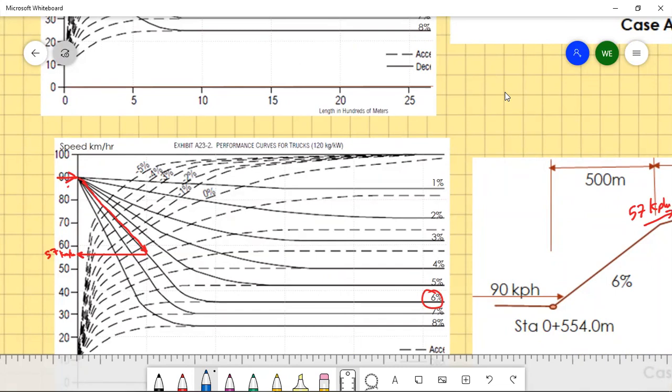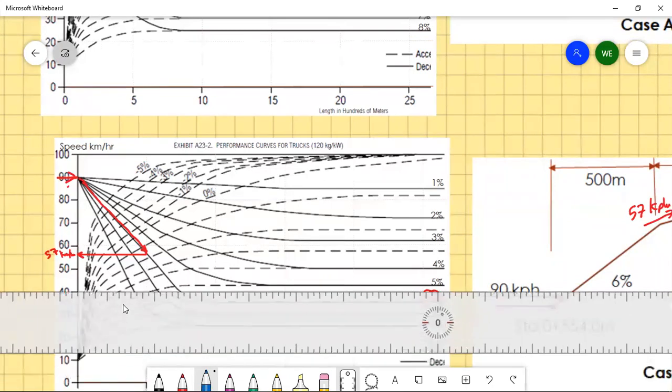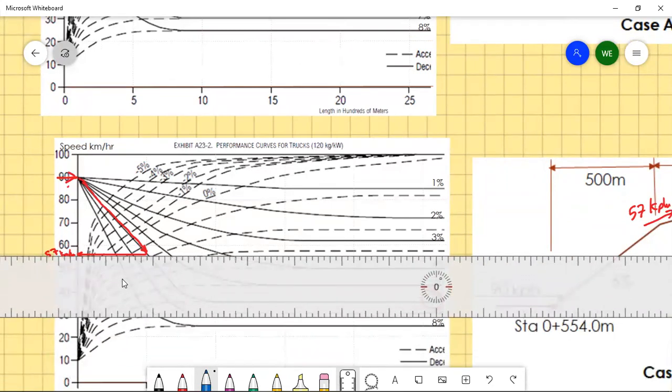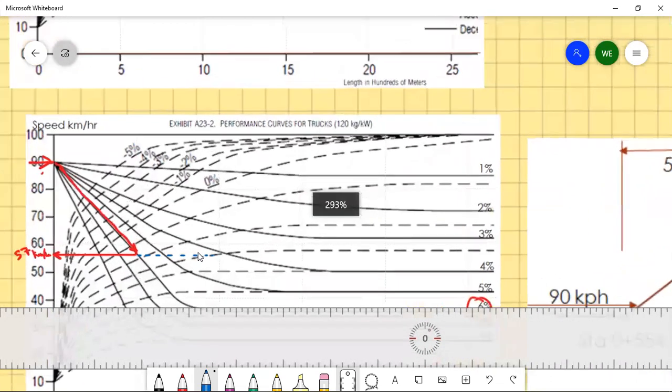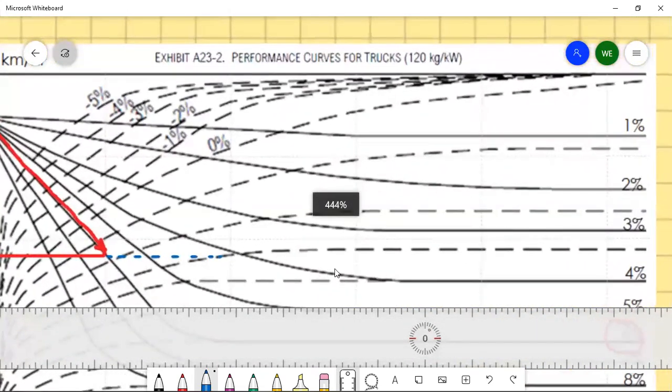So that means we are going to enter at this point, and the truck will drive for 500 meters.